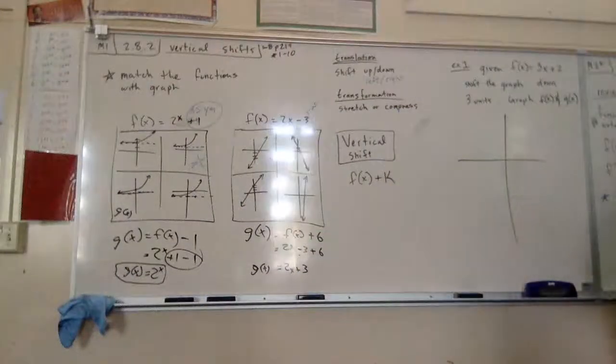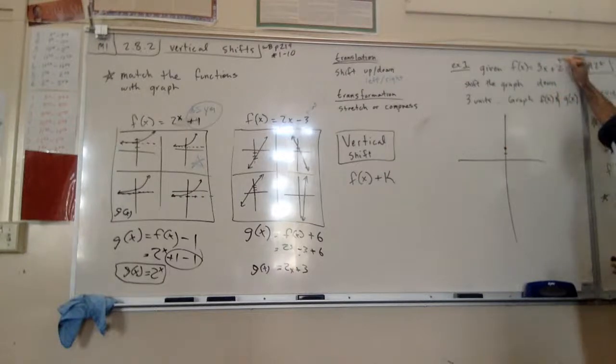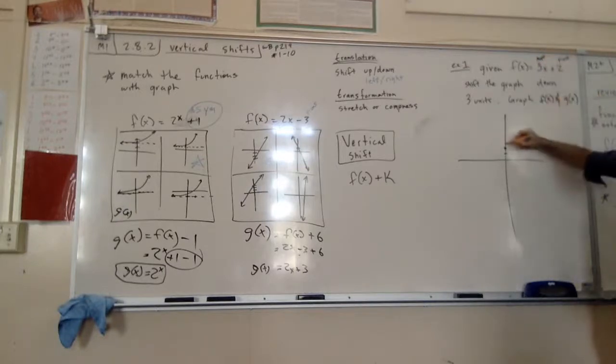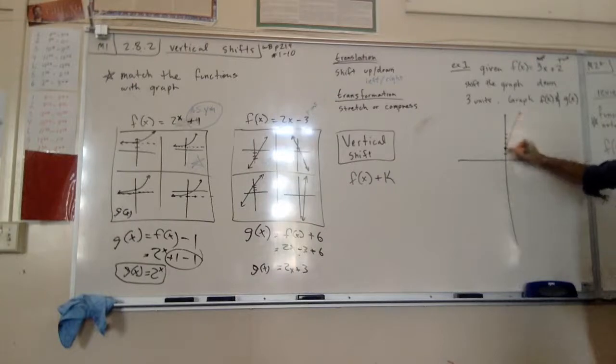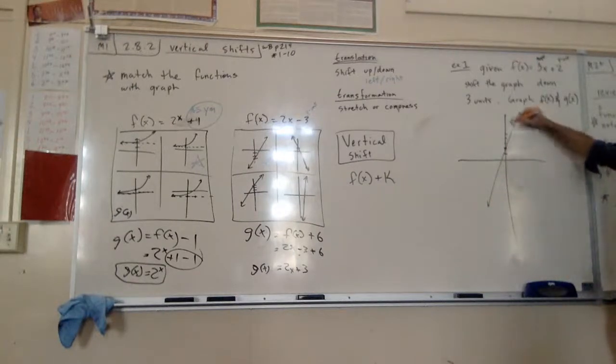If you're not sure how to graph that first line, that's a review, so I'll help you review. This here is y-intercept of 2. Positive 2 is a y-intercept. 3 is our slope, which is our rise over run. So I'm here, I rise 3, 1, 2, 3, I run 1, and that is the f of x function. Now shift that down 3.